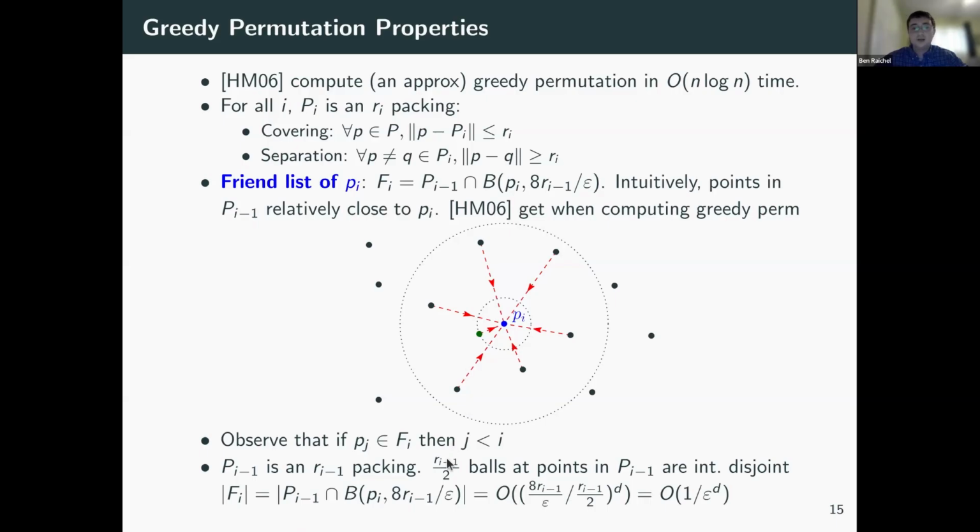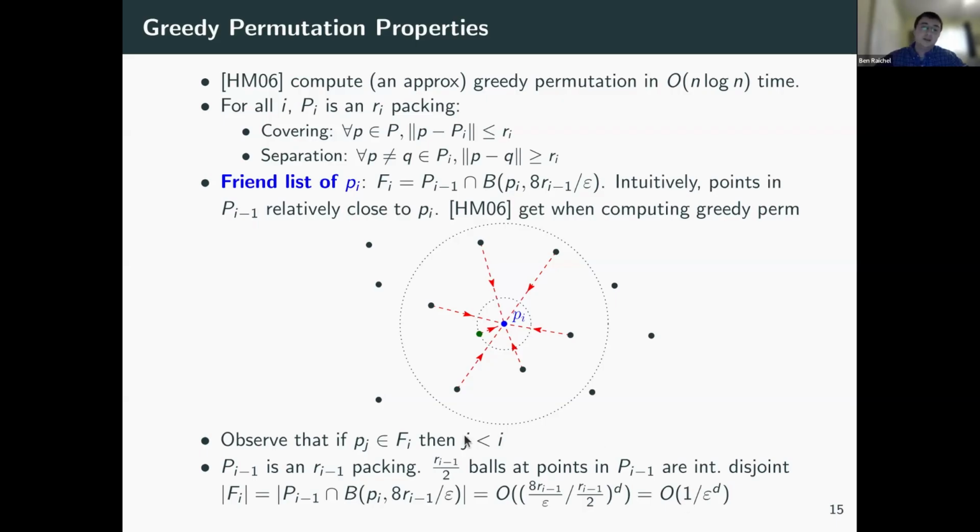So now what I'm trying to do is pack, which would tell me that r_{i-1} over 2 balls around each one of those are disjoint. So now I'm packing interior disjoint balls into a larger ball, and I get this ratio, 8 r_{i-1} over epsilon divided by r_{i-1} over 2, right? And if I raise that to the d power, that's roughly the number of balls that you can pack, which is 1 over epsilon to the d.